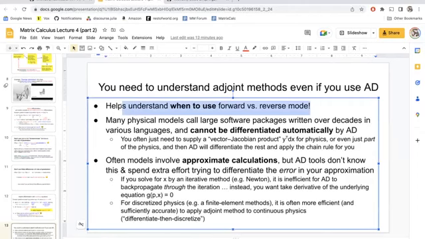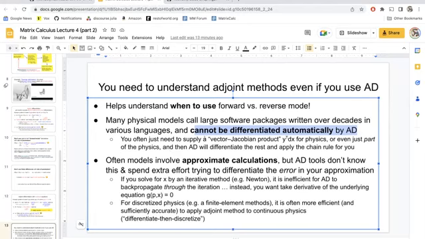Another problem is that if you're doing physics, you're often calling large software packages written over decades in various languages that can't be differentiated by automatic differentiation. JAX can understand Python programs, but it doesn't really understand Python programs that call libraries written in Fortran, right? So often there are parts it just can't handle.